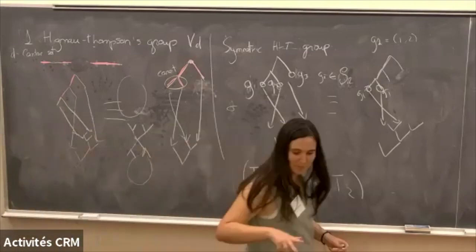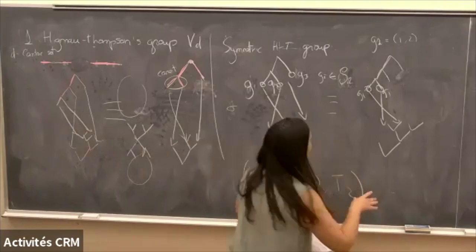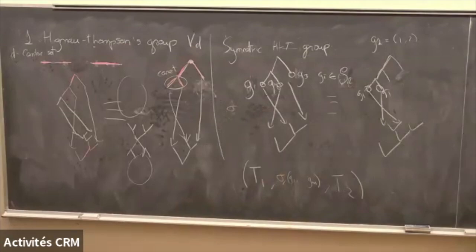Okay, very nice. Block mapping class group now, because this is the only thing I really know. I have a paper, but now I have a paper. So block mapping class groups.